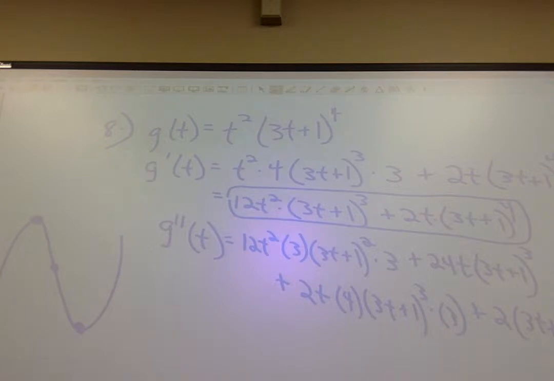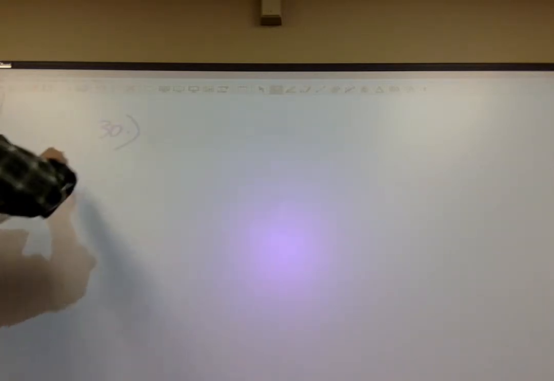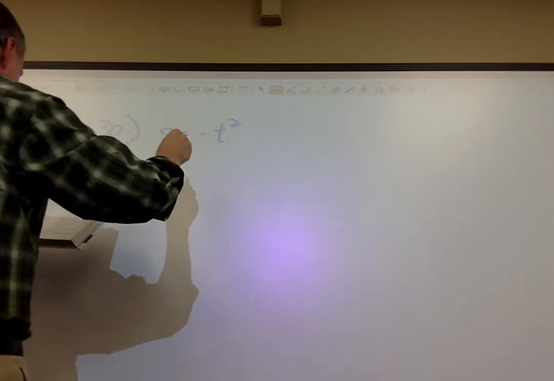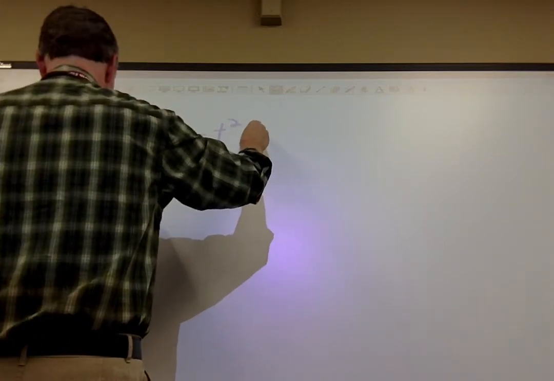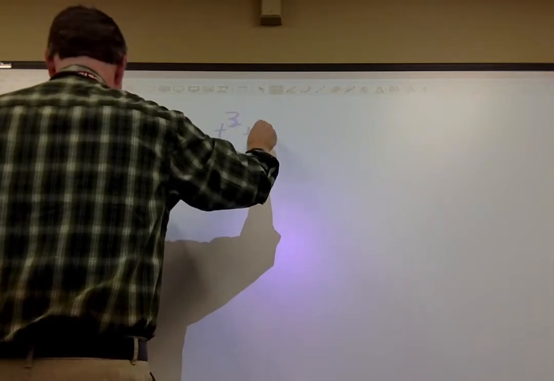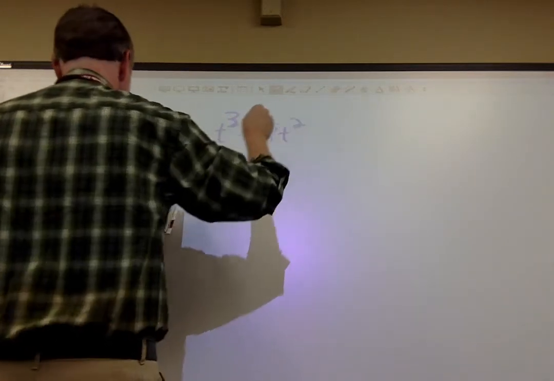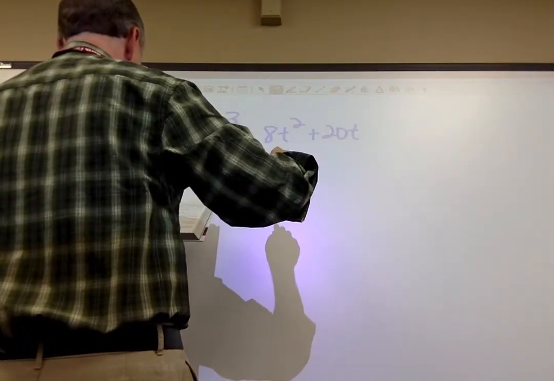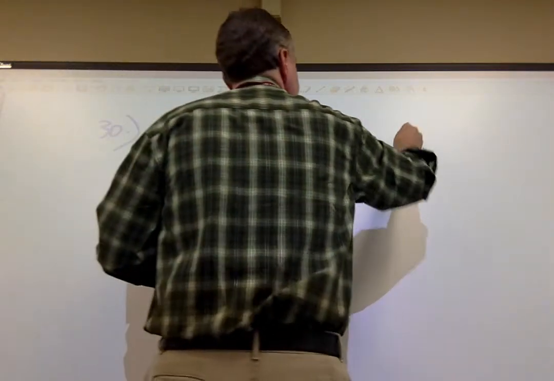What I thought I would finish this with before we review is a couple of the word problems like 30. That is a good one. 30 says the distance s covered by a car in 2 seconds is given by s equals negative 2t cubed plus 8t squared plus 20t, and that's good for 0 to 6 seconds.